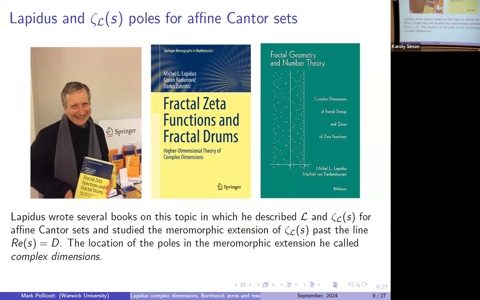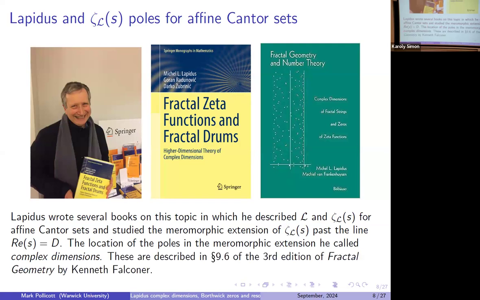And he calls these things complex dimensions. And for those of you who like an endorsement of why these things are important, there's actually a subsection in the book of Kenneth Falconer, which of course is like the Bible. It's endorsed by any section in there. We can only dream of having our results quoted there.